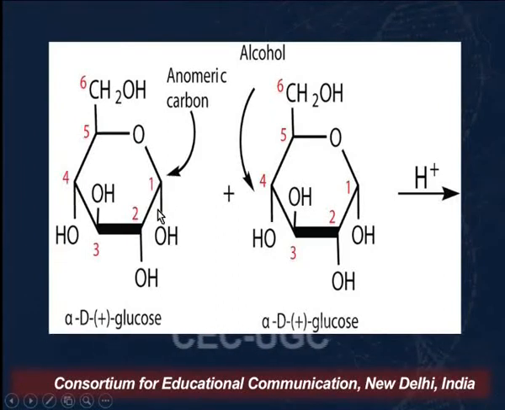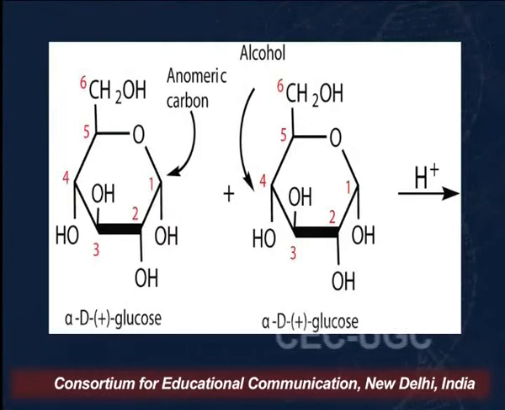In this case, this OH is pointing downwards in the pyranose ring, or we can say that this CH2OH and OH are on the opposite side of the ring. And third, this plus indicates that this molecule is dextrorotatory, that is, it will rotate the plane of plane polarized light in the right hand direction.